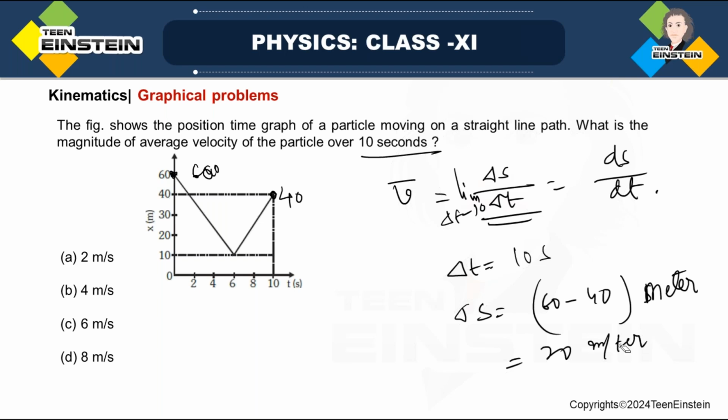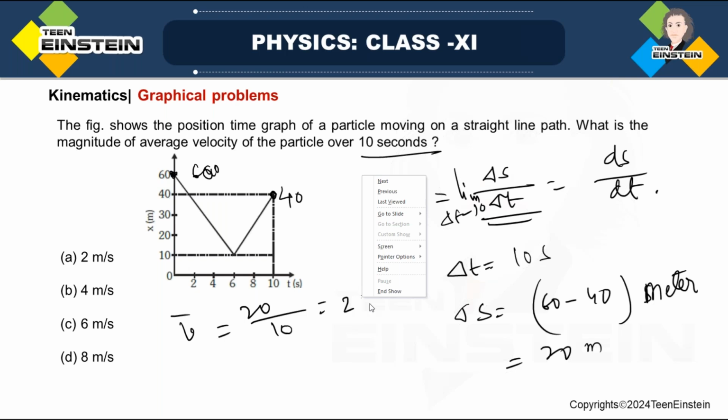I'm sorry, this is 20 meter. Then what is average velocity? Average velocity is 20 meter per 10 second. So this is 2 meter per second.